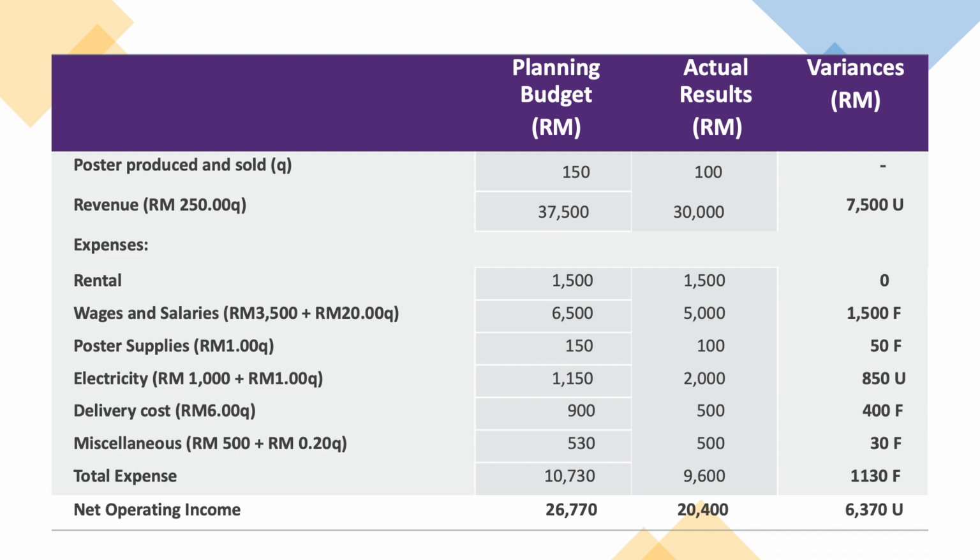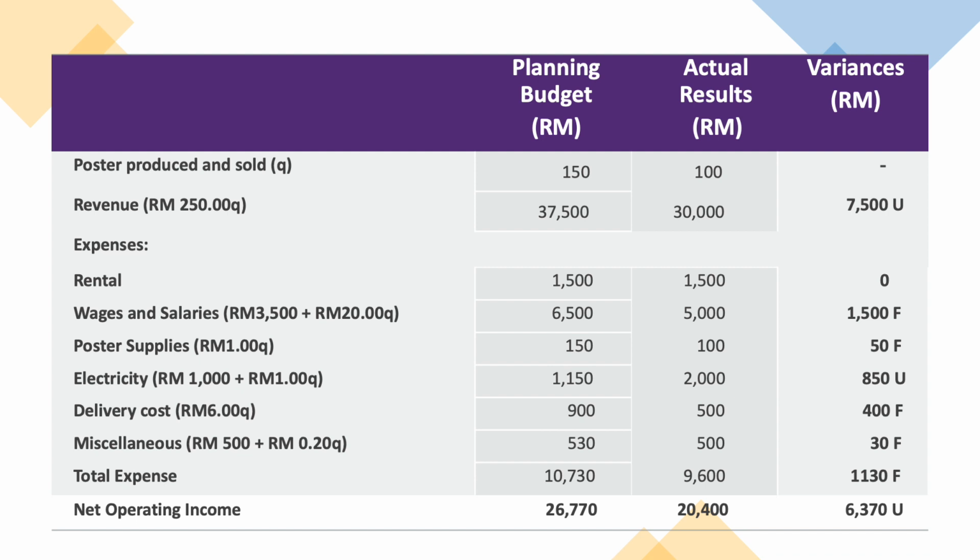So revenue, planning, you anticipate to have 37,500, but actual, the quantity sold is only 100, and that doesn't mean that you need to sell at 250 because that is the selling price that you have budgeted for before.